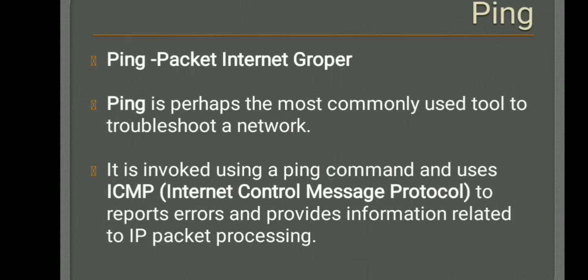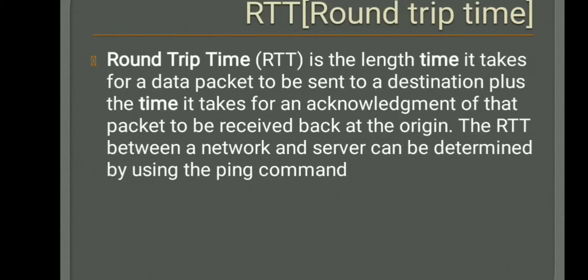So these are some of the parameters that we could measure. The ping command usually outputs your round trip time. Now let us see what this round trip time is. As told, it is the time taken for a message to reach the destination and again reach back to the source. It is usually measured in milliseconds.